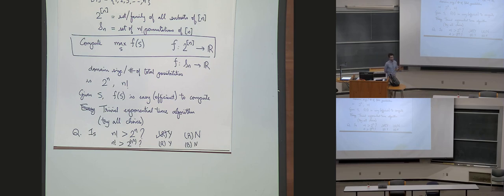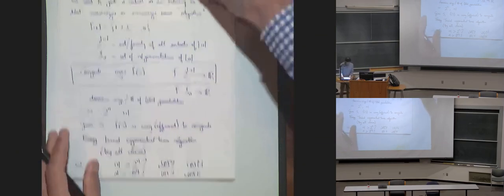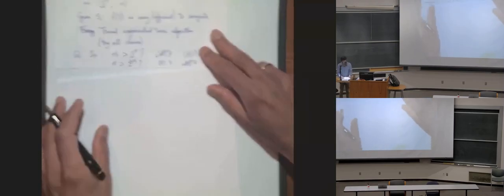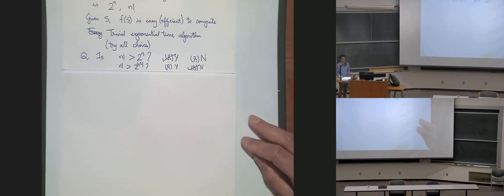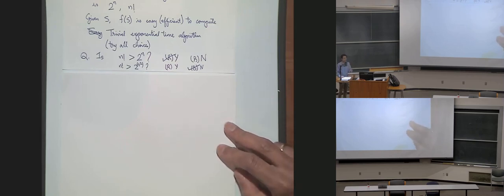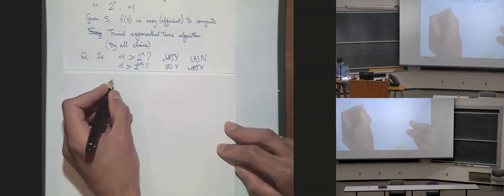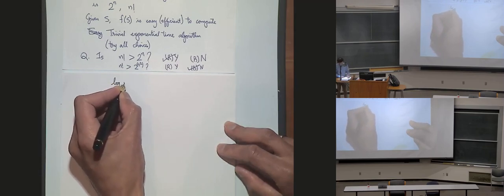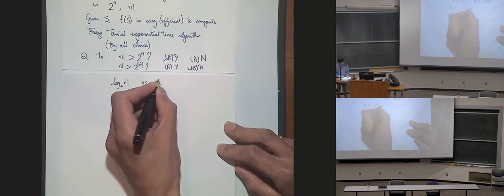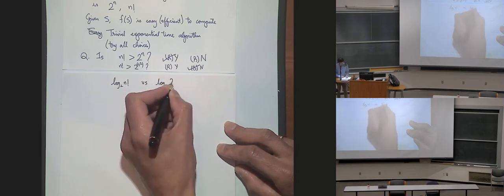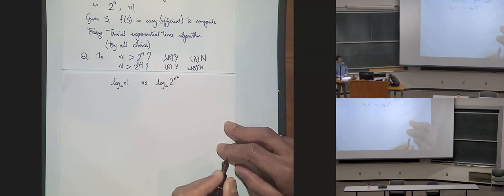Just take logs on both sides. Take log base 2, right? So what do you get on log base 2? I'll write this. Okay, so why is the case? Whenever you see things with exponents, take logs. That's why they're there. Okay? So what you're getting is log base 2 of n factorial versus log base 2 of 2 to the n squared.